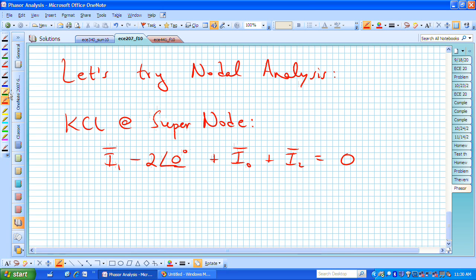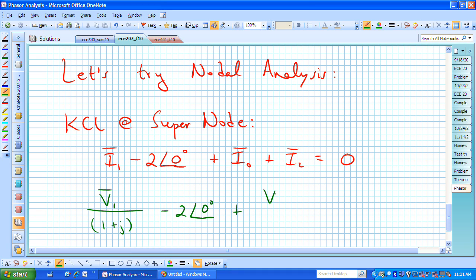We can now rewrite those currents in terms of the unknown node voltages, V1 and V2. I1 going out to the left was just V1 divided by the impedance in that branch, which was 1 plus j. We have our minus 2, that's a given source value.